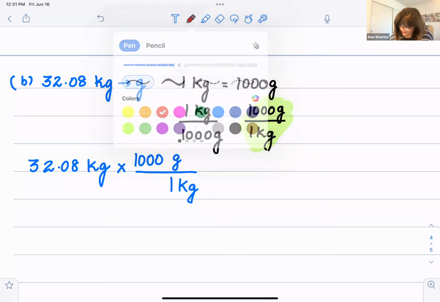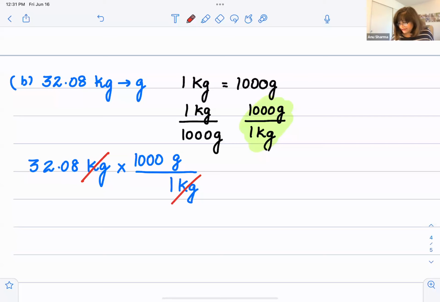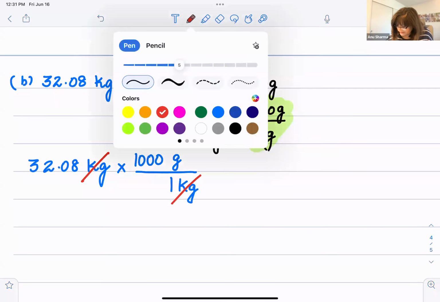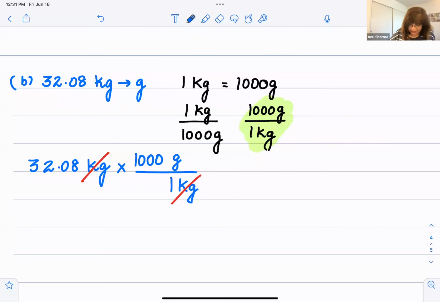So here kilograms and kilograms cancel out. You get 32.08 times 1,000, divided by 1, and this becomes 32,080 grams. Okay, so that's the answer. So always write the units.